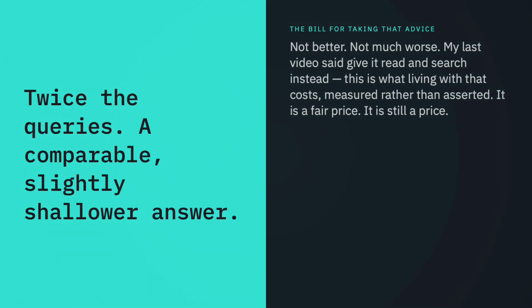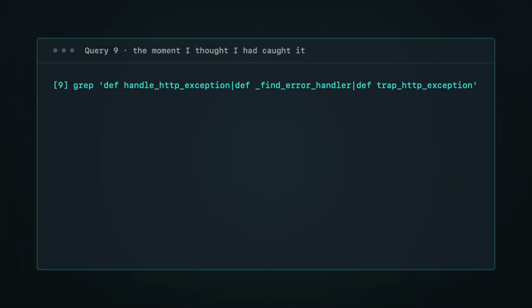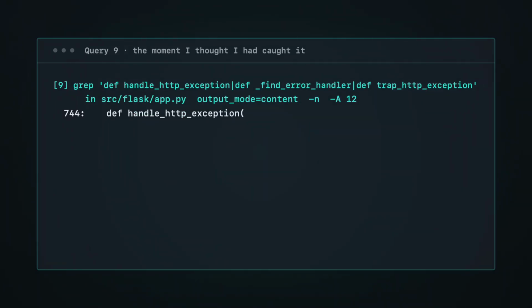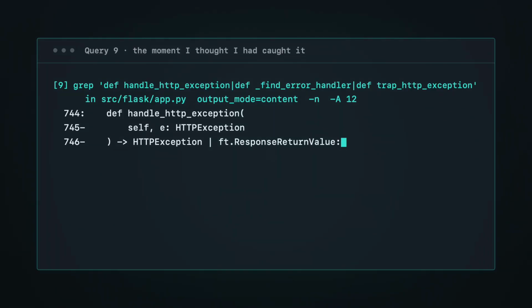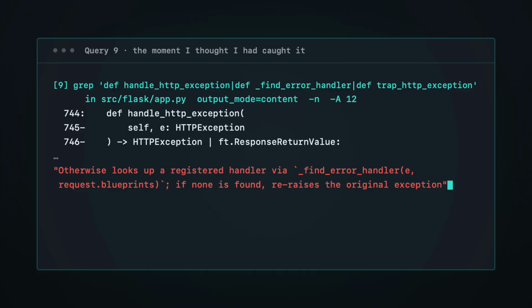Now here's the part I got wrong. While I was writing this video, I thought I had caught the agent making up a citation. Here is query 9. It searches for the definition of the error handler lookup, scoped to the main file. Only one of the 3 names comes back. The definition it wanted lives somewhere else entirely, and yet the final answer states that call with its exact argument list.